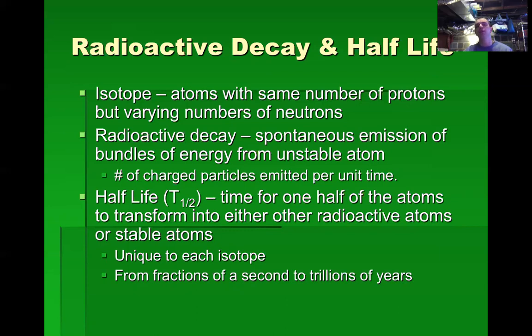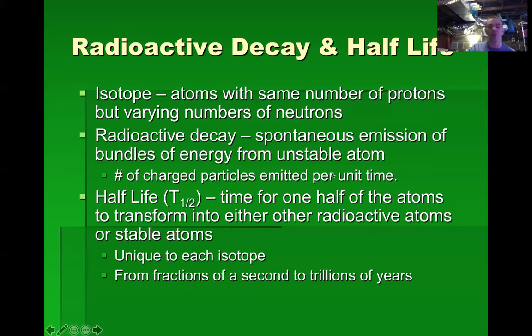So that it fundamentally changes the atom, versus an unstable atom giving off, say, just a photon or an X-ray or something. That changes the energy state of the atom, but it doesn't fundamentally change the atom there. It doesn't change one element to another element. It just changes the energy state of the same element.